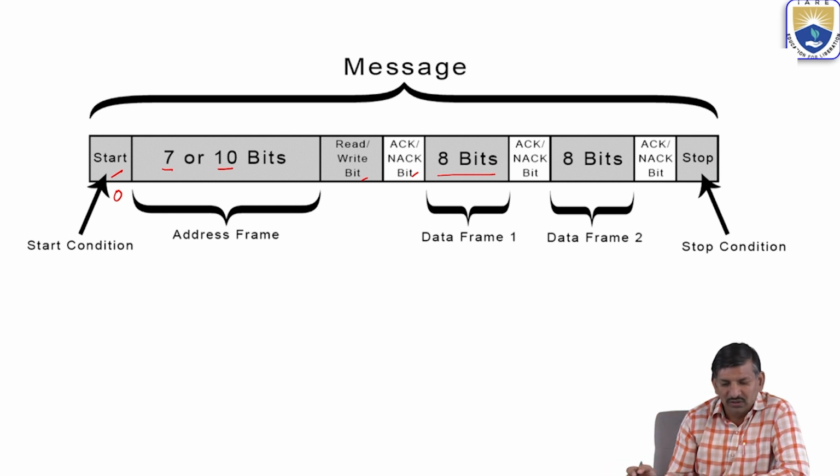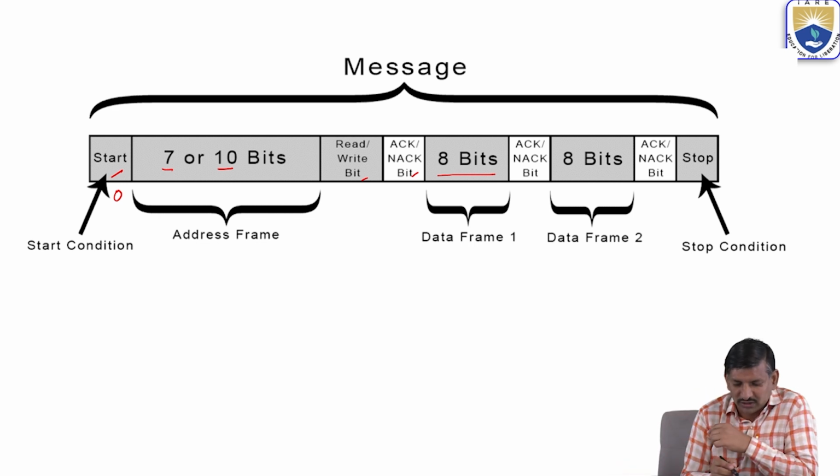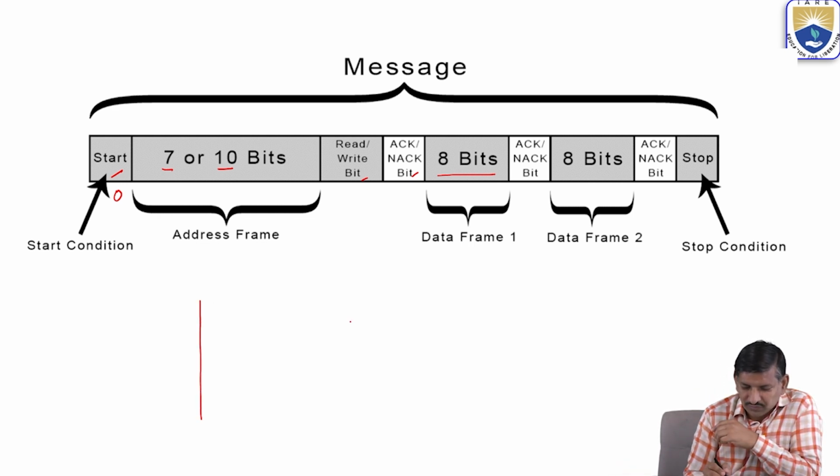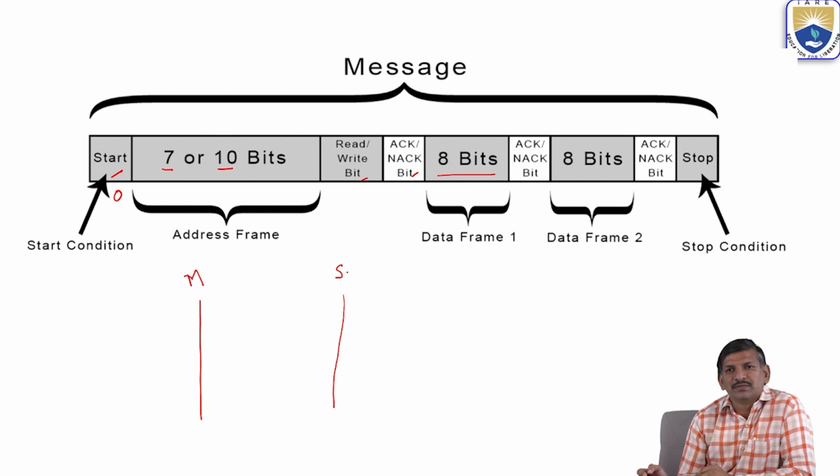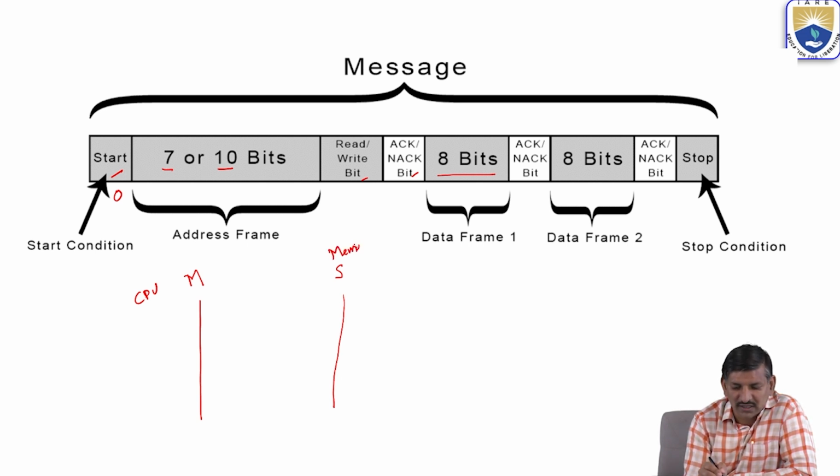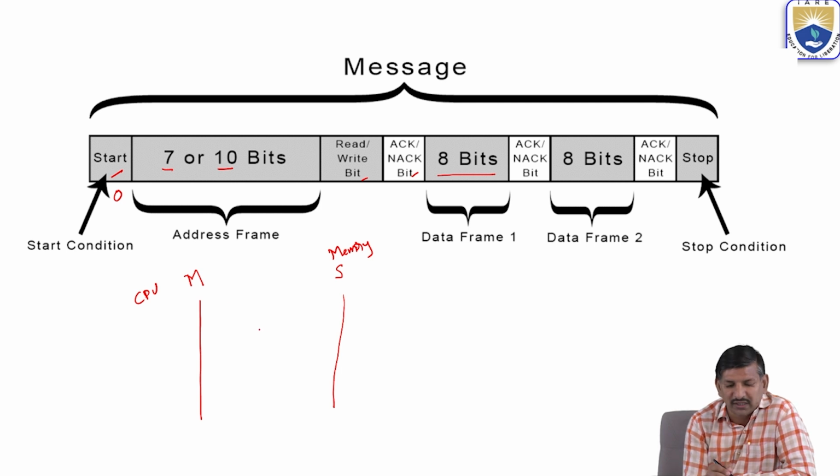If you look at this communication, I am considering master and slave. Let us consider the CPU as master, and this is a memory device. Whenever the CPU wants to retrieve data from the memory device, it sends a read request.